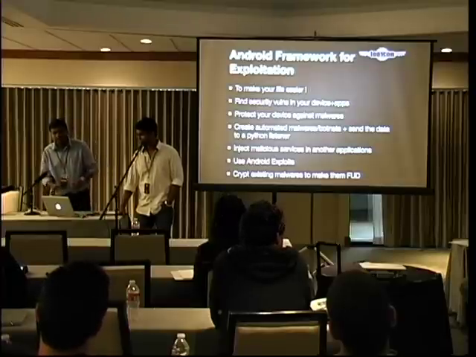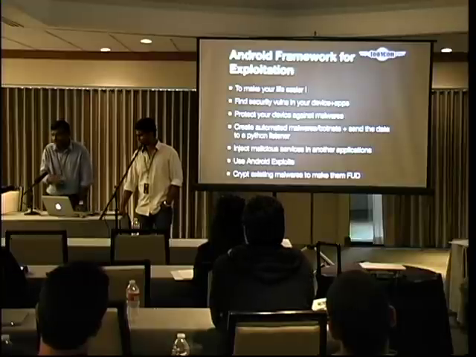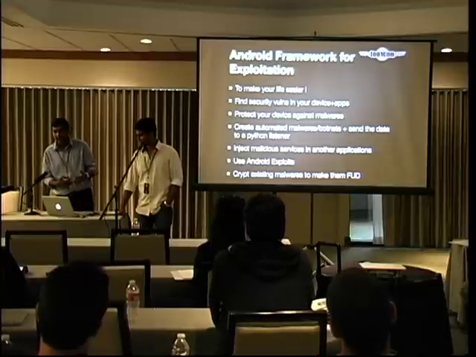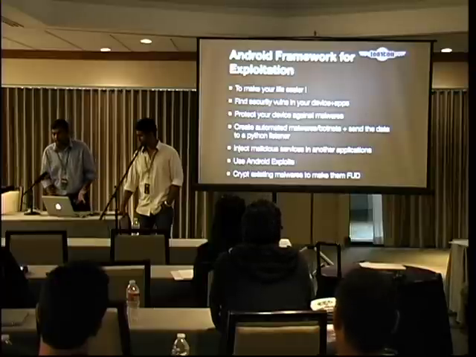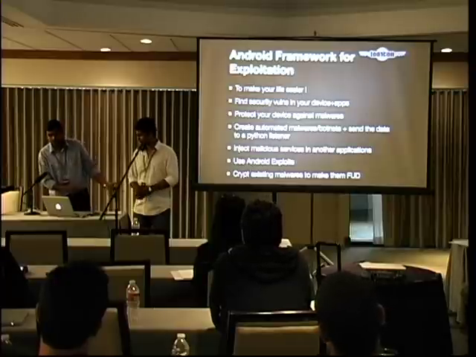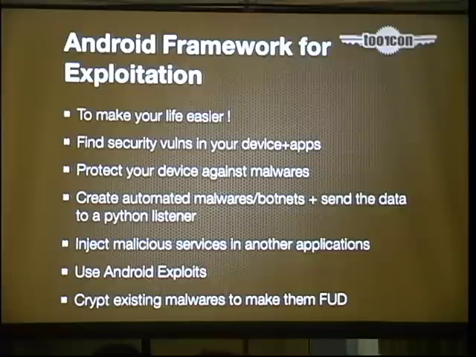So what you can basically do is create some dummy classes and change the names of the classes which are already there after decompiling that app, and then recompile it, so it becomes a FUD. You can use this framework to do the same stuff. It automatically decompiles it, changes some class names, adds in some dummy classes, and then recompiles it, and it becomes FUD.